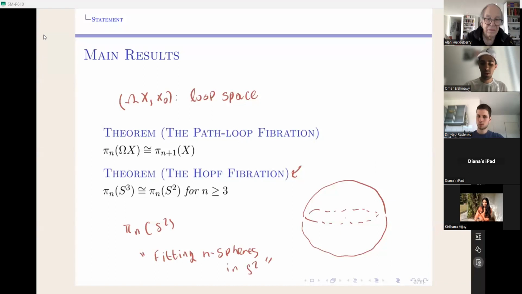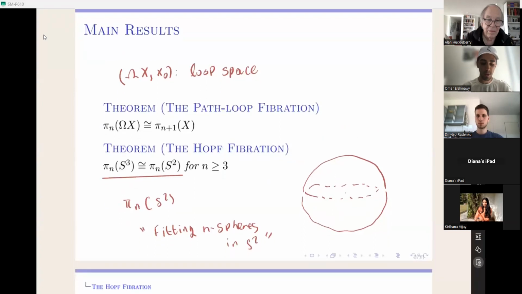Of course, it's going to be trivial. So the homotopy groups of S2 will be trivial. But and that's actually what they thought for most of the time in the 1900s. But then Hopf came, and he introduced the fibration, and he proved this highly non-trivial result. So that's already very good.